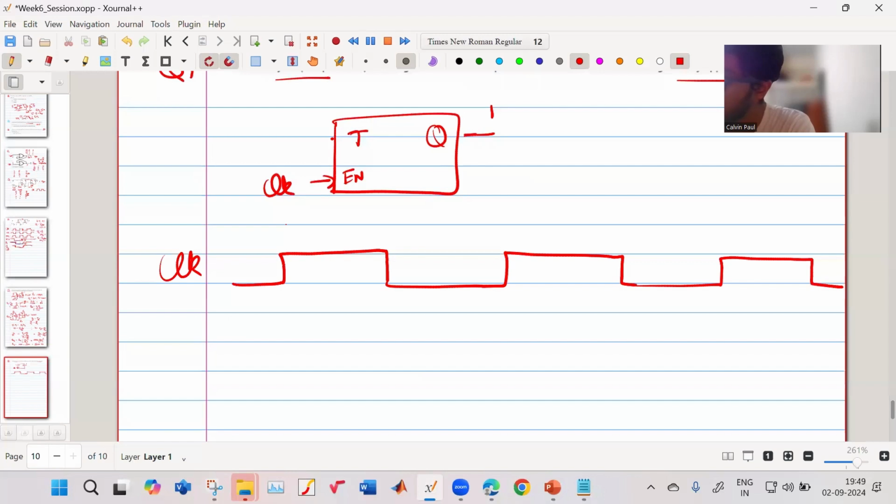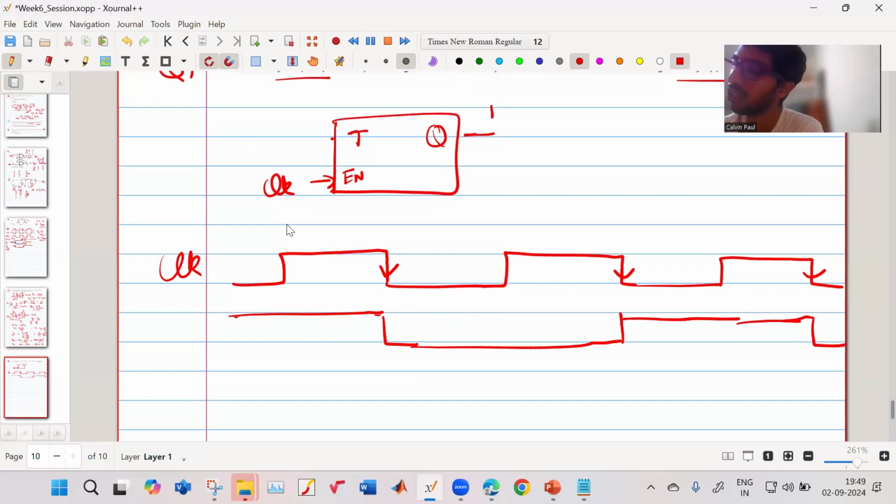Suppose this is negative edge triggered. Negative edge triggered will be given by this symbol. It will change its value only at the negative edge. Suppose it was high, then at the negative edge it will go low. Then at the next negative edge, it will go high. The next negative edge, it will go low.